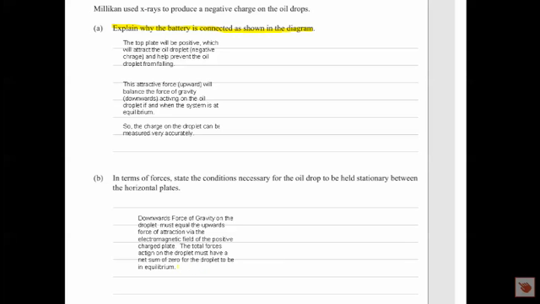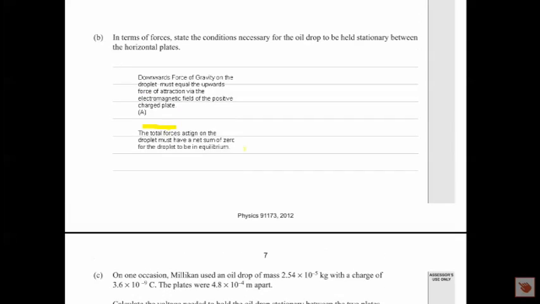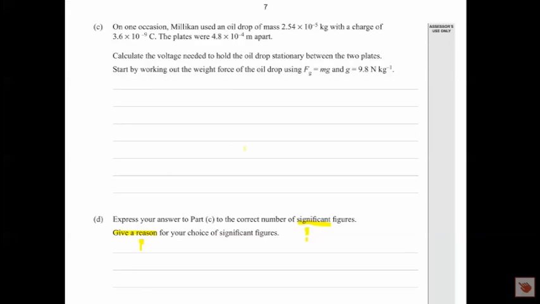Definitely want to include the proper terminology that you understand. Equilibrium. Moving on to the next question.